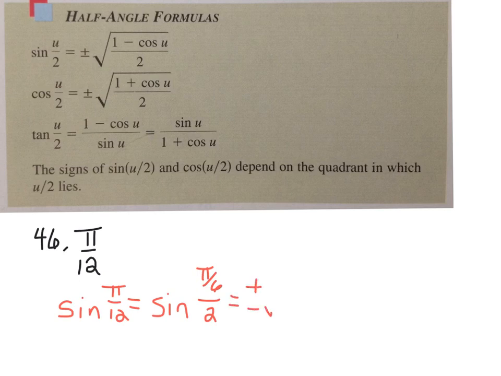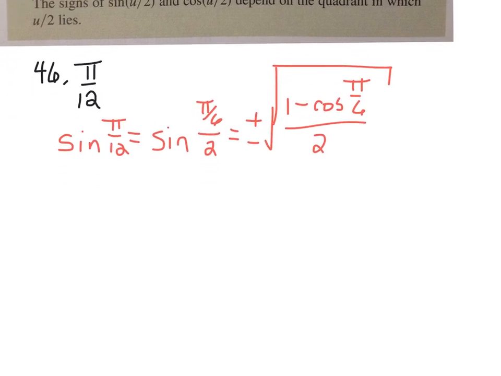The plus and minus is determined, as it says down there, by whatever quadrant you're in, and that'll show up in our next example. But right now we're saying 1 minus cosine of pi over 6. And again, sure enough, pi over 6 is on the unit circle, and that was the whole idea of everything, is that we could fit it onto there. And now we're just going to simplify this down.